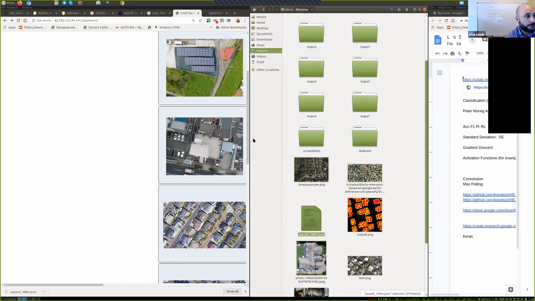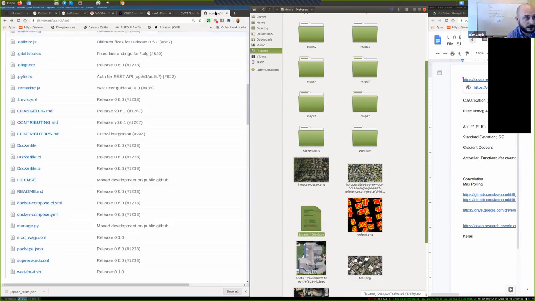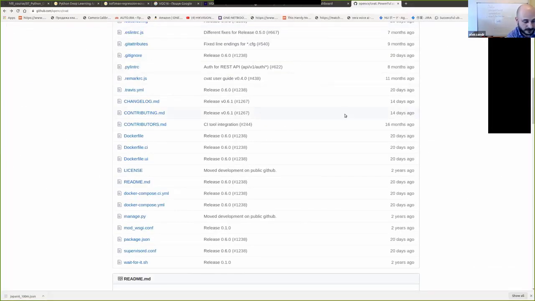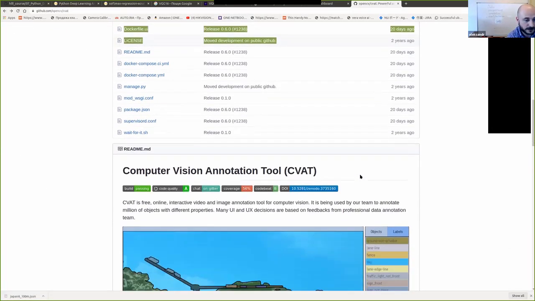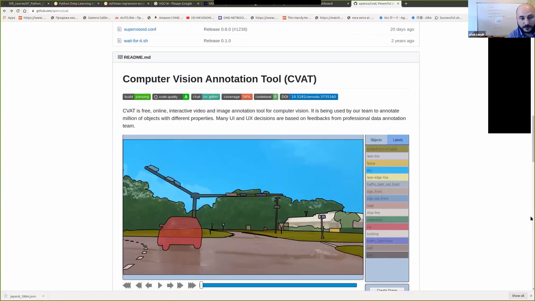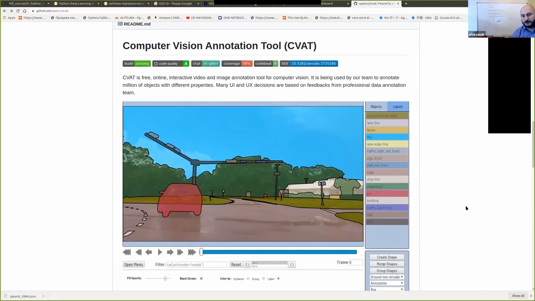If you take a look at the main page of this CVAT, you can also see how annotation can be done for different types of format. This is segmentation annotation for a picture. It also supports annotation for video. You can get a video file, annotate one frame, and then continue annotation for all upcoming frames.